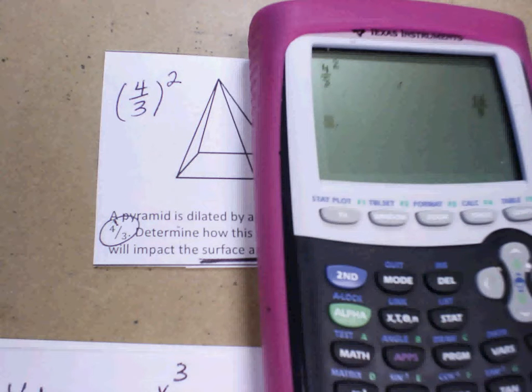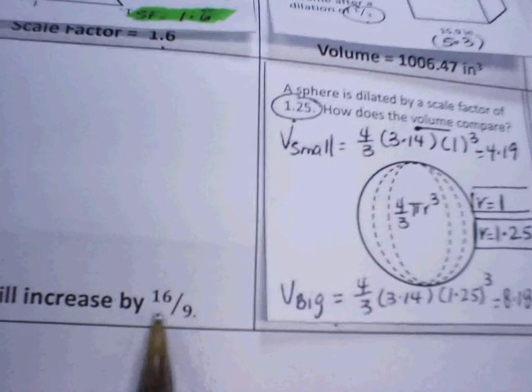Square it. There you go. So let's square it. Four thirds to the second power. How much? It's 16 over what? 9.